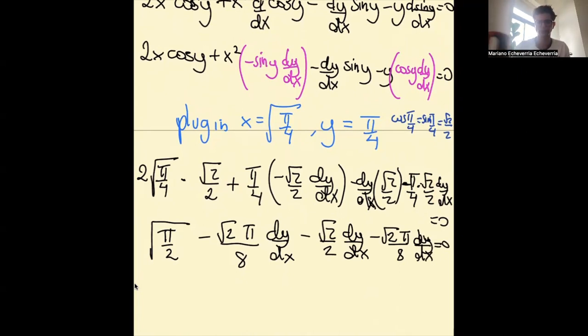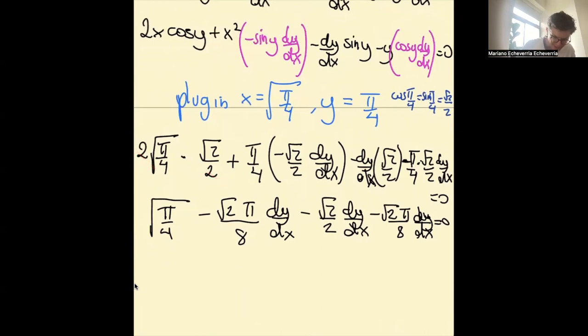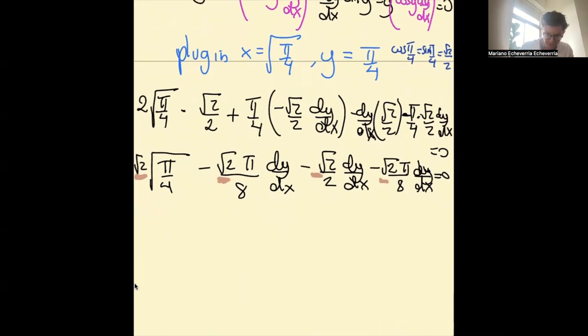Is that making sense? In fact, I take back a little bit of what I was doing, because here it's better to cancel the 2's but leave the root of 2 outside. Why? Because then everything has a root of 2 in common, so you can just divide by it. Oh, that looks a lot nicer.